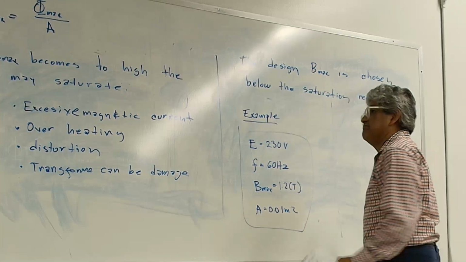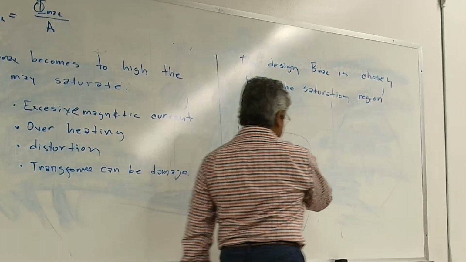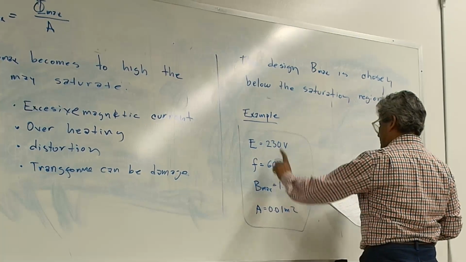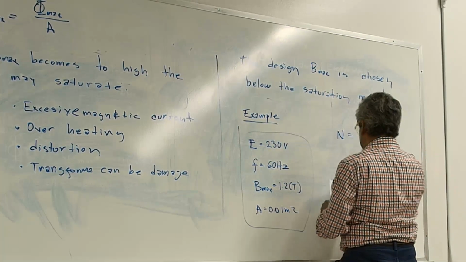The question is, how many turns of copper do I need to achieve this with those requirements? So N, which is the number of turns, the equation.